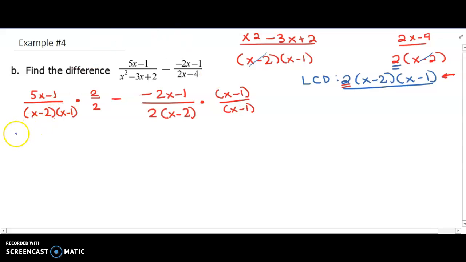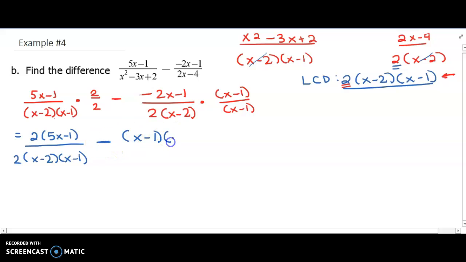So when I put it together, I have 2(5x - 1) over 2(x - 2)(x - 1), minus, and then I have (x - 1) times (-2x - 1) over 2(x - 2)(x - 1).